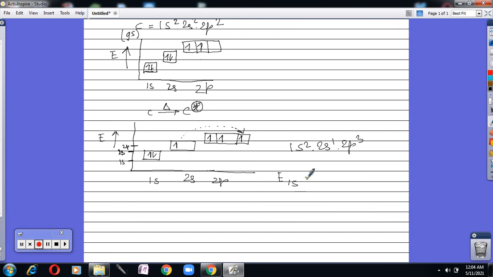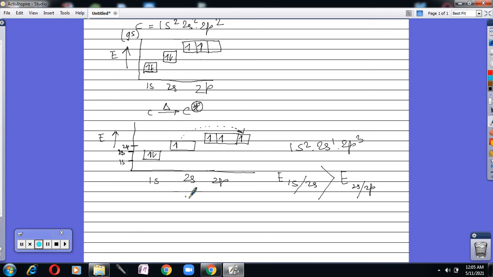That is, the 1s-2s difference is much more than the energy difference between 2s and 2p. Since the 2s and 2p energies are comparable, that's the reason the electron moves from the 2s orbital to the 2pz orbital, right? Not from the 1s orbital to the 2p orbital. And that's the reason the electronic configuration of carbon is 1s2, 2s1, 2p3.